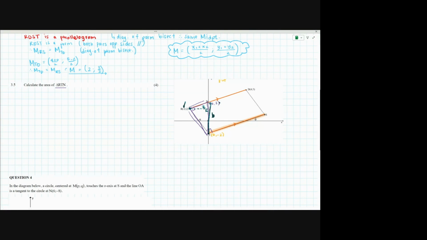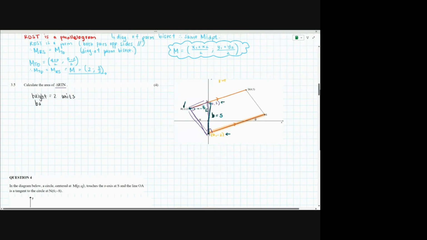I know that the distance from N, which is at (0, 3), down to T, which is at (0, -2), is 5 units, because it's a vertical distance. And so I'm just going to do half base times height. The height is equal to 2 units.